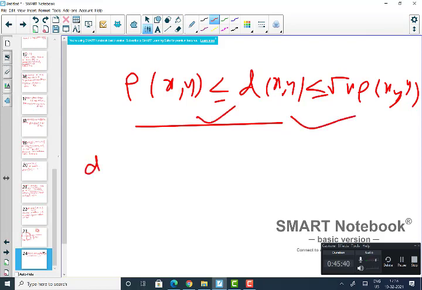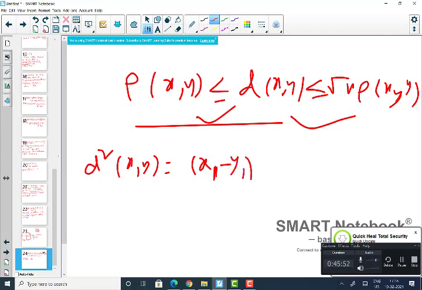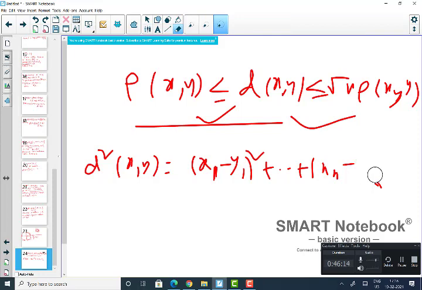But to check the other one is also obvious. You check that the square of the Euclidean distance of x, y is nothing but (x1 minus y1) whole square plus dot dot dot plus (xn minus yn) whole square, right?